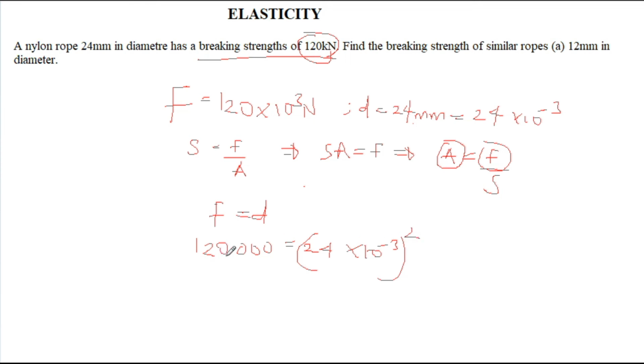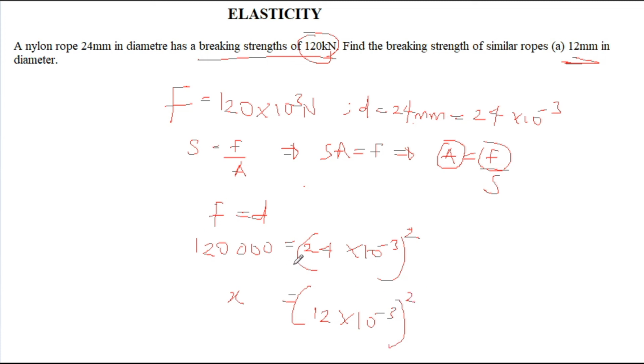If 120 kilonewton gives us 24 times 10 to the power minus 3 squared, then how much will 12 millimeter give us? Let's assume it will give us x, with 12 times 10 to the power minus 3 squared.